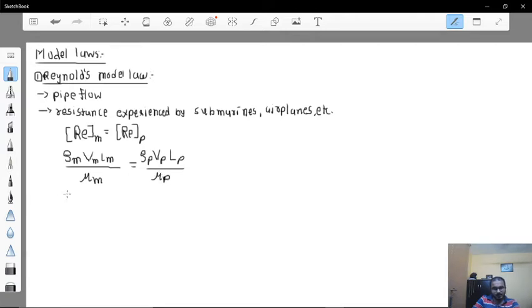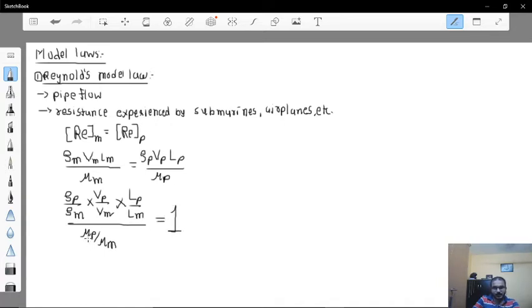So we can say rho p upon rho m into Vp upon Vm into Lp upon Lm divided by mu p upon mu m is equal to 1.